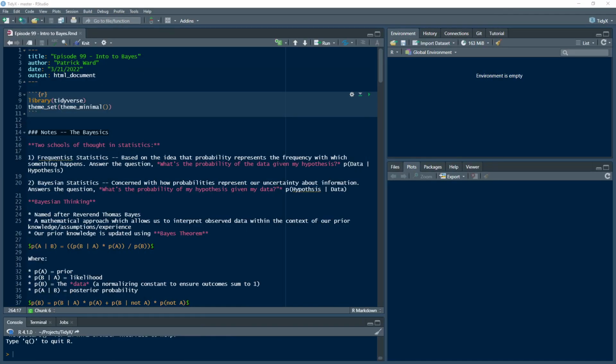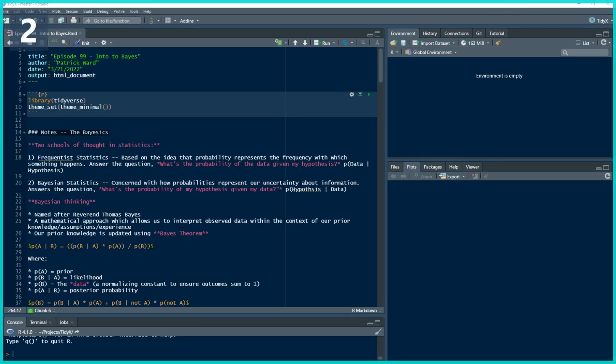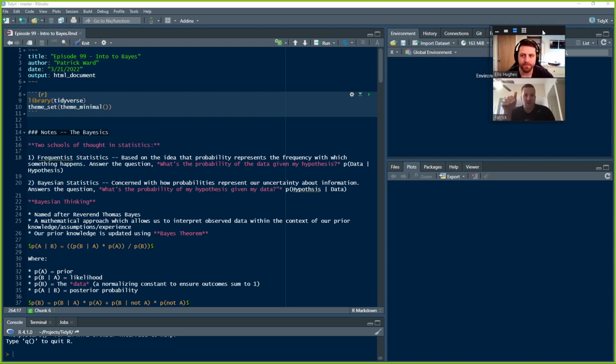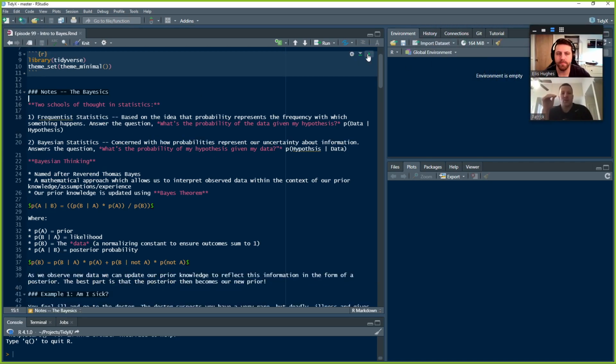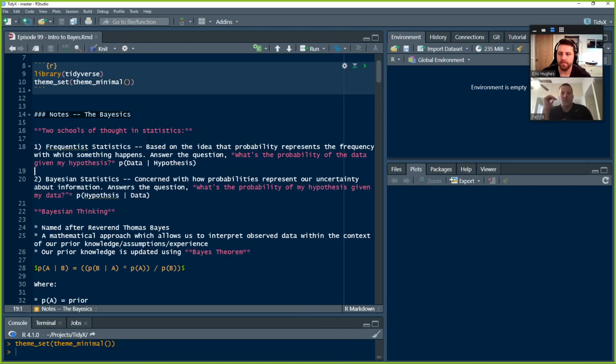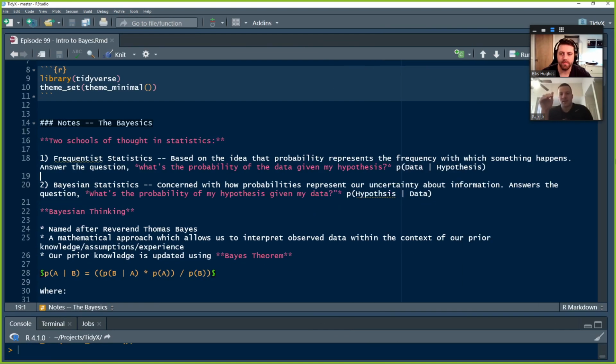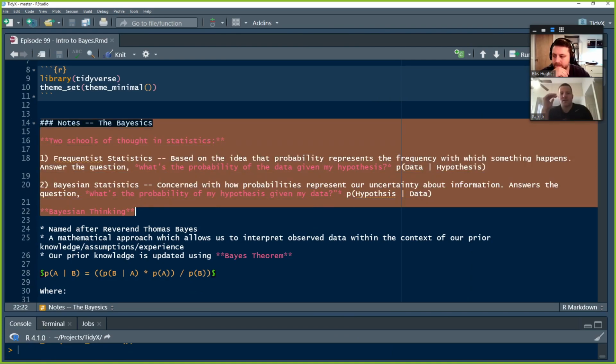So we've gone through building distributions, resampling, and simulation. And now we're ready to give this intro to Bayes, what I call the Bayes 6. We'll give some overview of what Bayes is, thinking in Bayes, and some general notes.